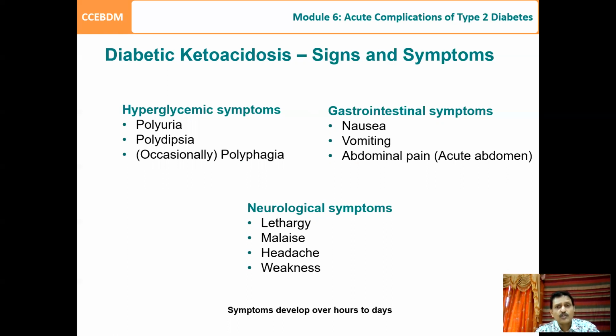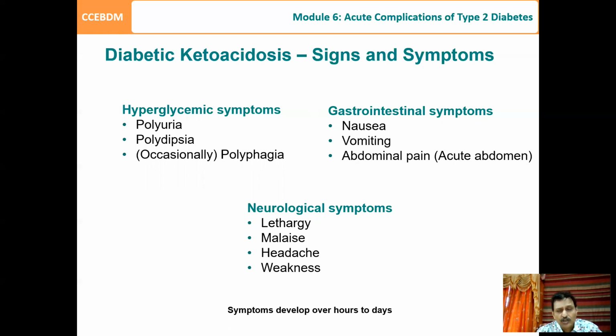And third, there will be neurological symptoms because of the hyperosmolarity, and because the glucose cannot enter inside the cell, there will be lethargy, malaise, headache, weakness. So these are the symptoms and signs of diabetic ketoacidosis, but they may take time to develop, maybe hours to days.